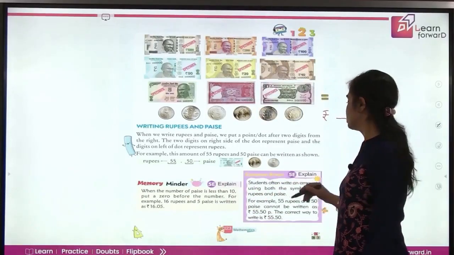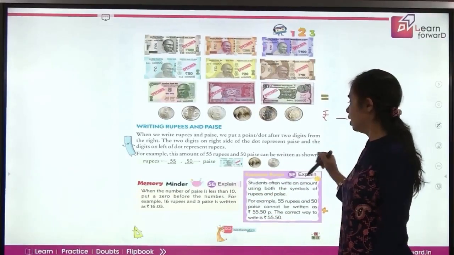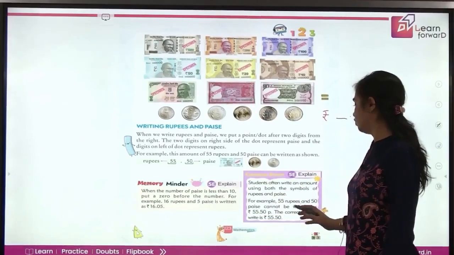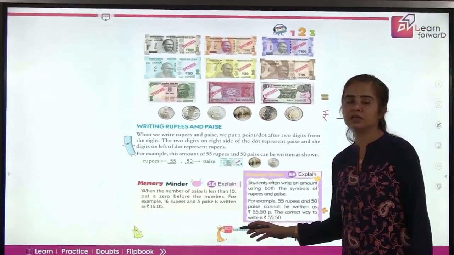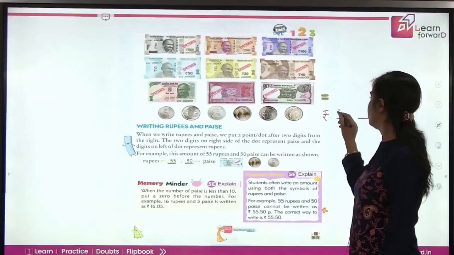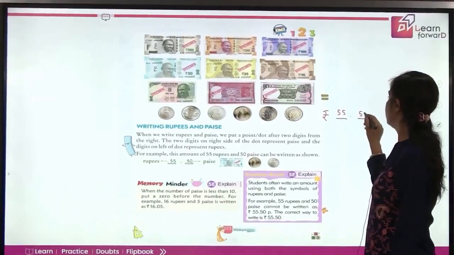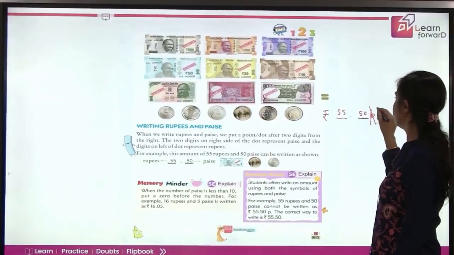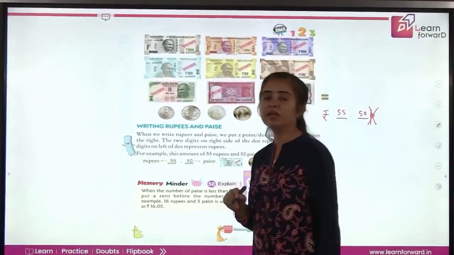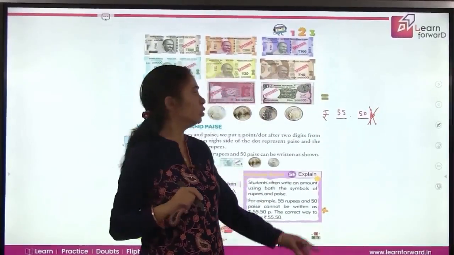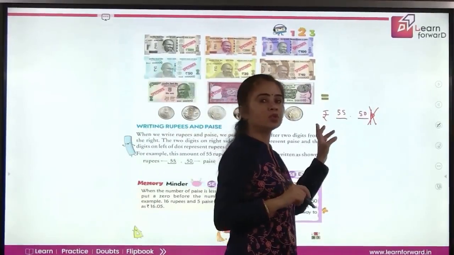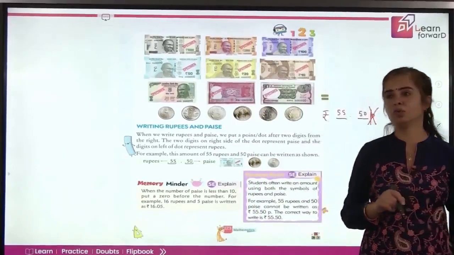Now what you must remember is that 55 rupees and 50 paise cannot be written as rupees 55.50 paise. You have to remember that P is not written when we write the amount using a point, and rupees is always written before the amount, right?